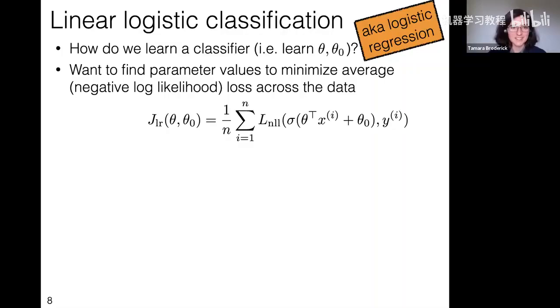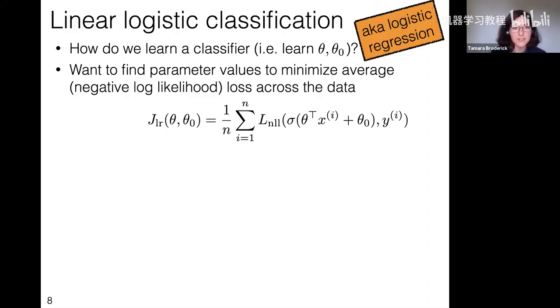So we can say, this is the loss that we want to try to minimize, this J sub LR. Because we're going to be taking an optimization approach, how can we minimize this over theta and theta naught? Another word you might use to describe this is an objective, an optimization objective. It's your objective to minimize that number.